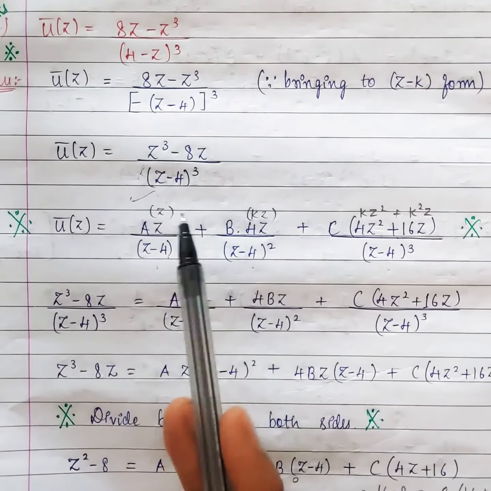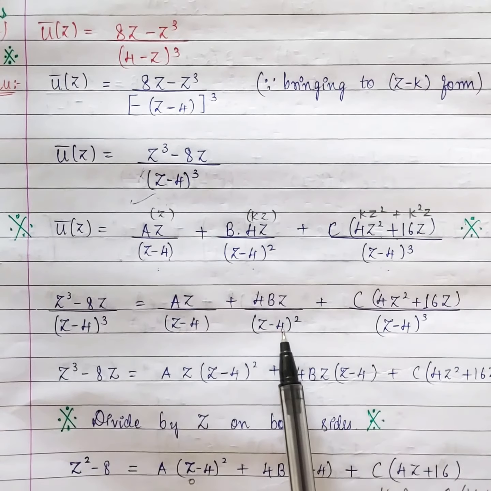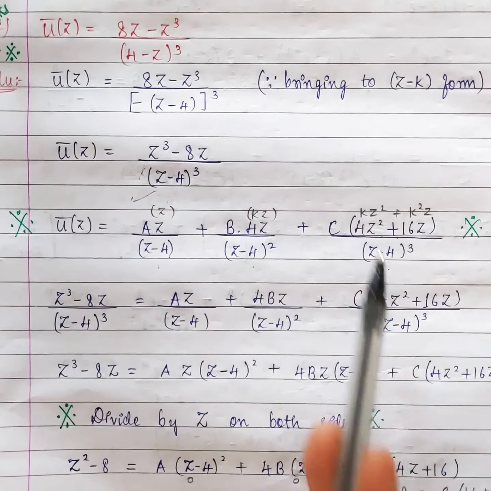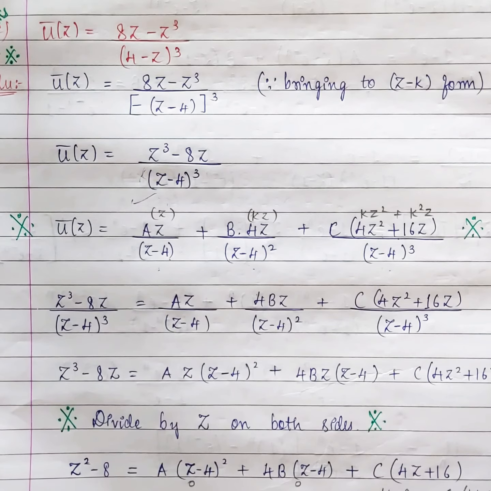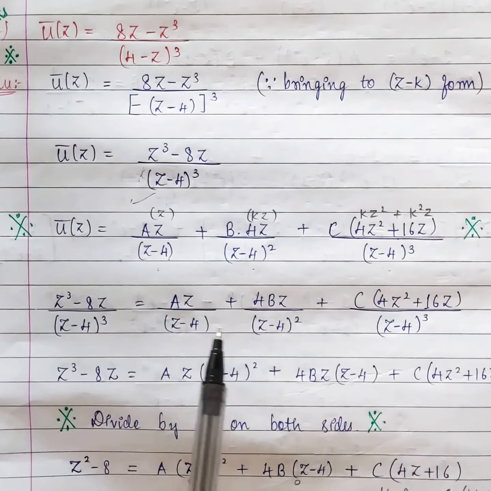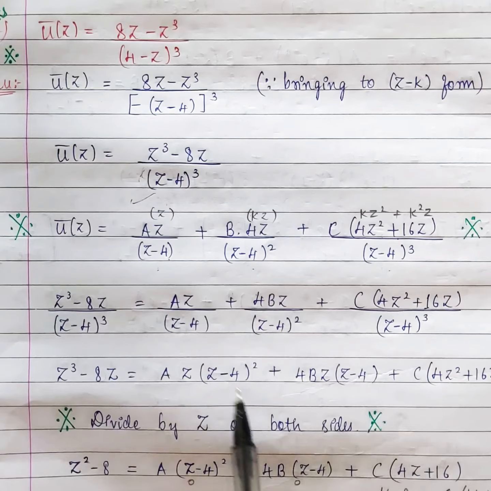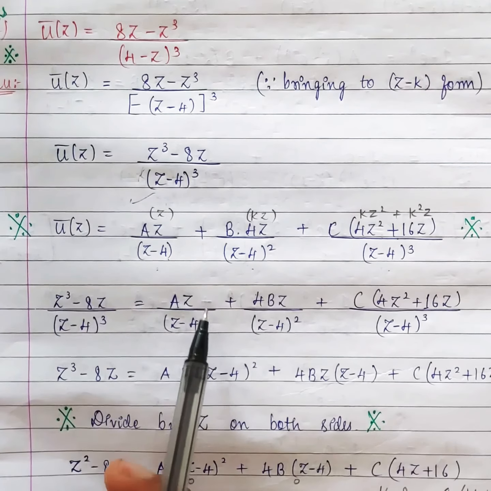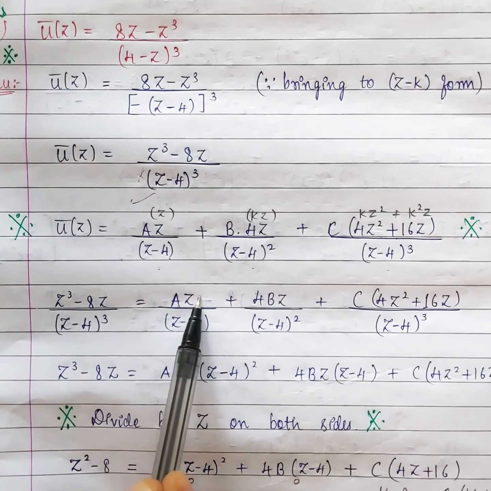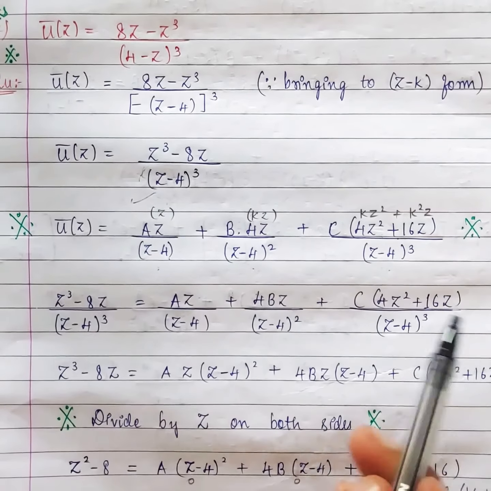So this is your given question on the left hand side, and on the right hand side, the first term plus second term plus third term, as it is. Now we can take the LCM. The maximum term is (z minus 4) the whole cube, so the denominator LCM is that.